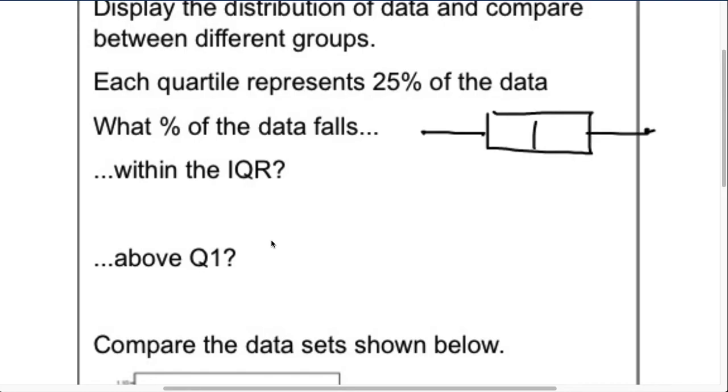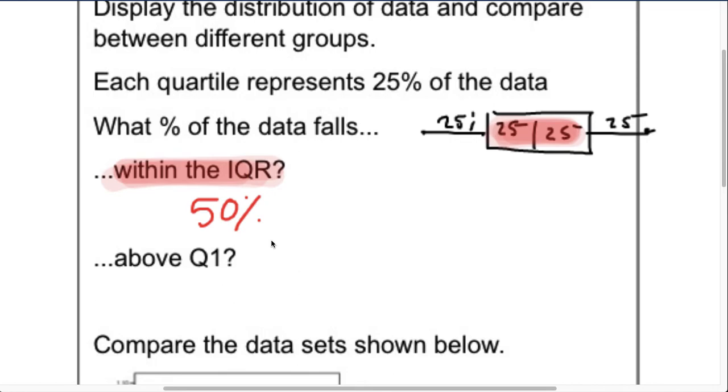This chunk is 25%, this chunk is 25, that chunk is 25, and this chunk is 25. Okay? So when we are looking at what percentage of the data is within the IQR, well, the IQR represents two 25% chunks, and so 50% of the data is within the IQR.